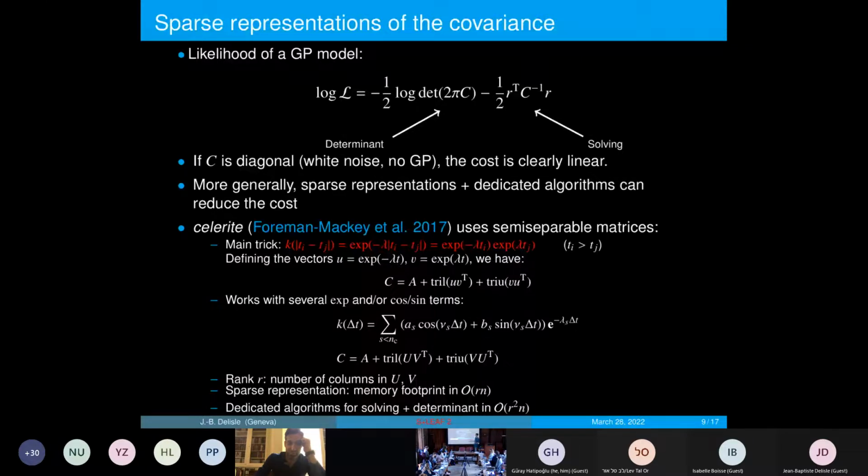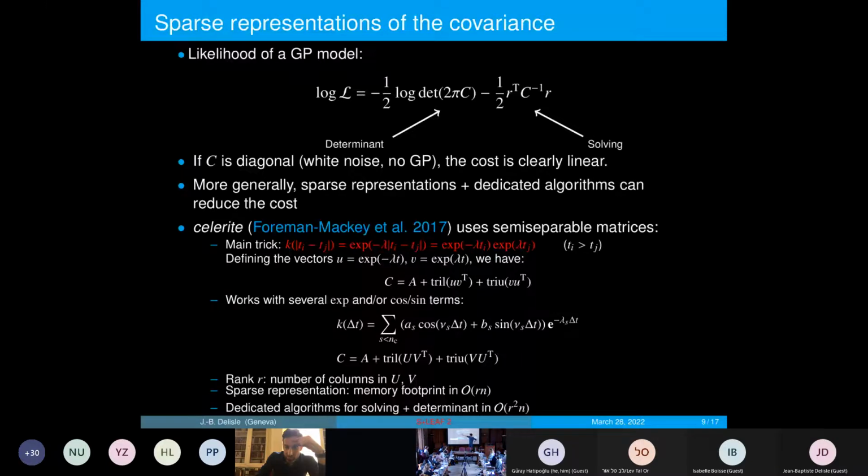This is the idea behind Celerite from Foreman-Mackey et al. 2017. In Celerite, they use a semi-separable representation of the covariance matrix. Basically, the main idea in Celerite is that the exponential of the sum is the product of exponentials. This is the main trick in Celerite, actually.